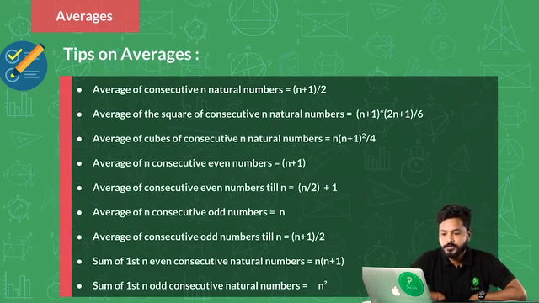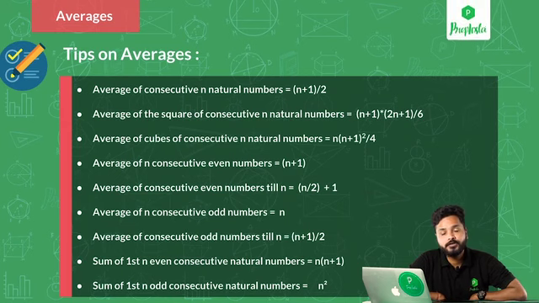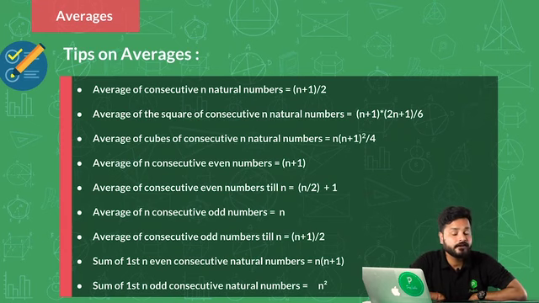Now coming to the average of, let's say, n consecutive natural numbers. We already know that the sum of the first n natural numbers is n into n plus 1 by 2. But now when we need to find the average of them, what will we do using the formula of average? We'll divide it by the total number of terms, that is n, because we are finding the sum of the first n natural numbers.